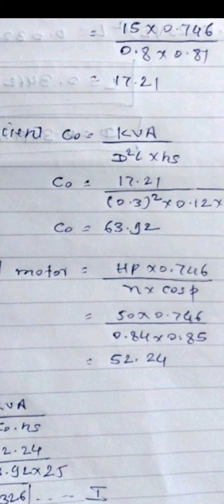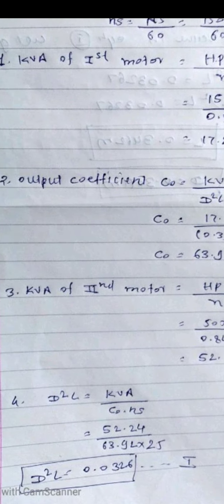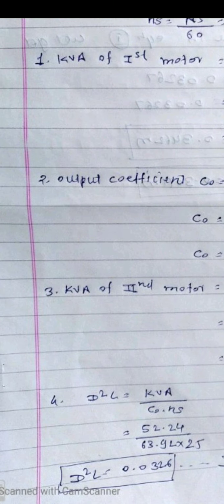The second motor's efficiency is 0.84 and power factor is 0.85. Put those values and it becomes 52.24 for the second motor. Then d square L is equal to kVA divided by C0 into ns.